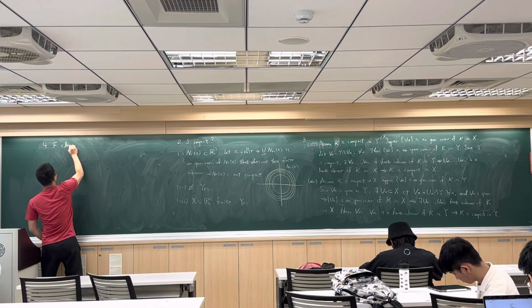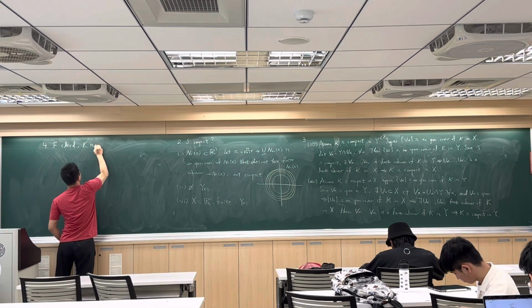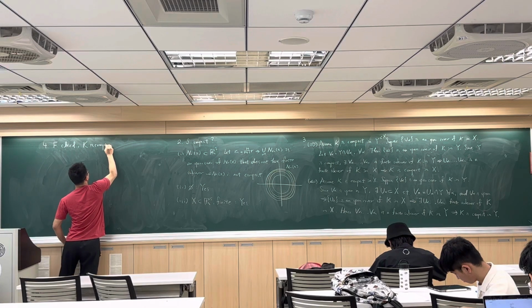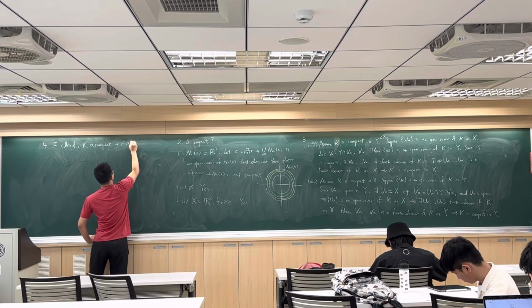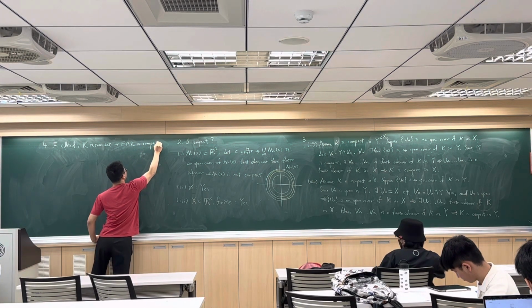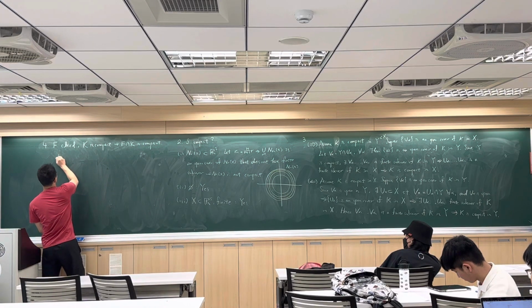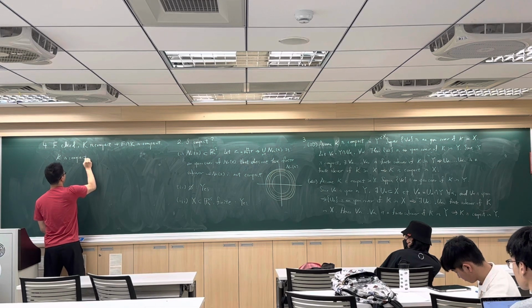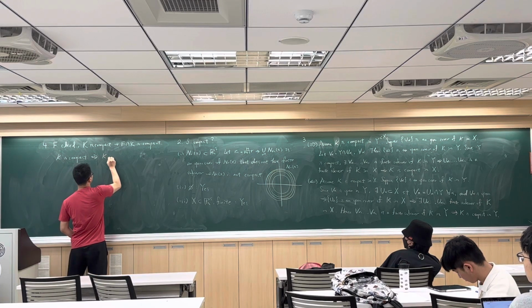The fourth question is: if F is closed and K is compact, then F intersect K is compact. So first, we have K is compact. Compact implies closed, so K is closed.